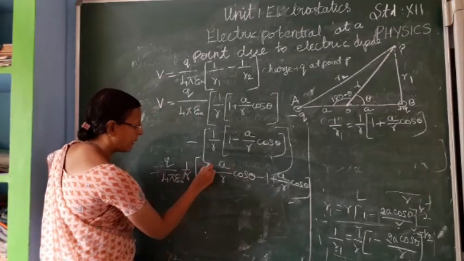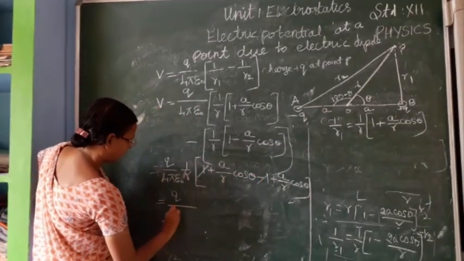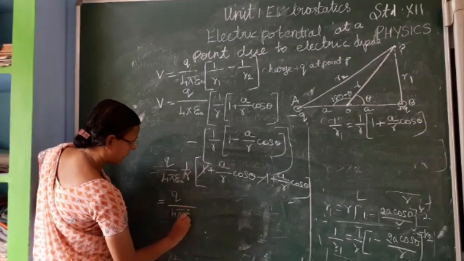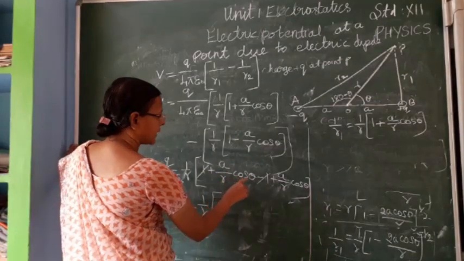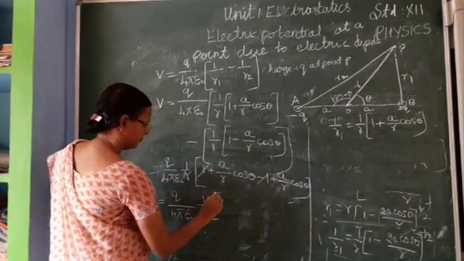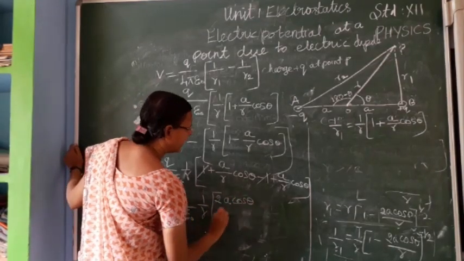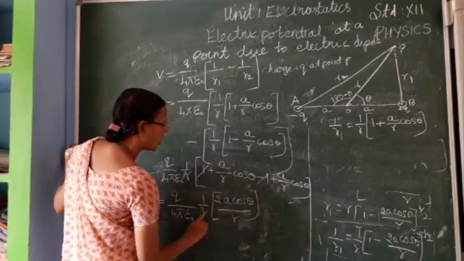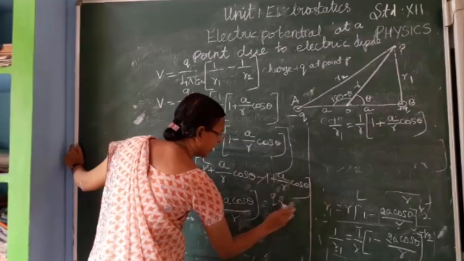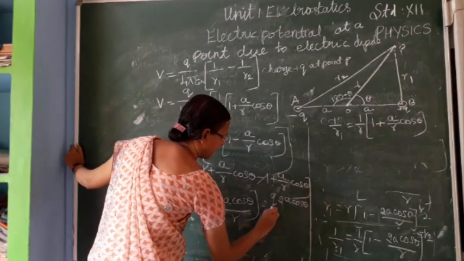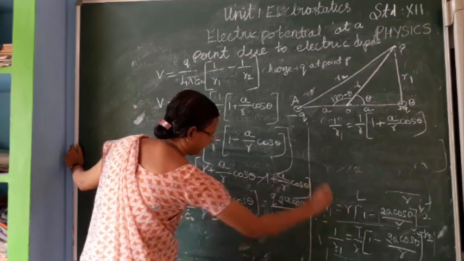So plus 1 minus 1 cancel. So q divided by 4 pi epsilon 0 into 1 by r into (a by r cos theta plus a by r cos theta), which is 2a cos theta divided by r. So r into r gives r square: q into 2a cos theta divided by 4 pi epsilon 0 r square.